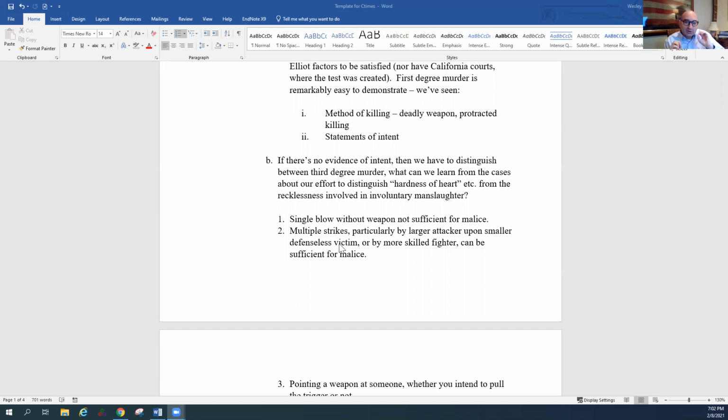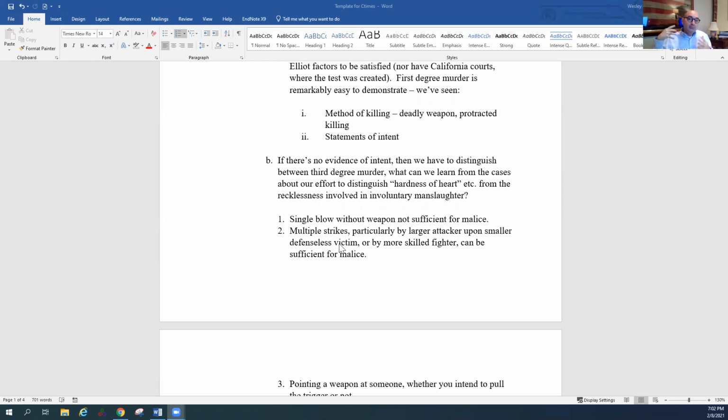Well, in the cases we learn that a single punch, a single blow, is almost never going to be sufficient to show malice that takes us from involuntary manslaughter to third-degree murder. But we also learn that something more than a single blow could.